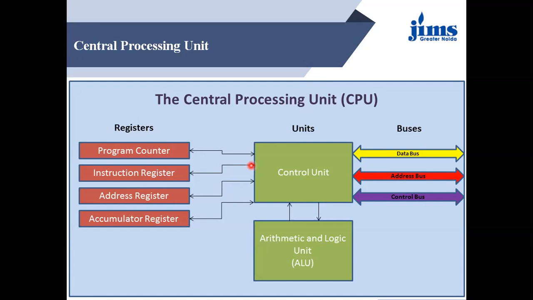The main operation of the central processing unit is to perform different operations and to manage them. As we discussed earlier, in the CPU there are different registers, like the program counter, which controls how the program is going to run and how many times an instruction has to be run.